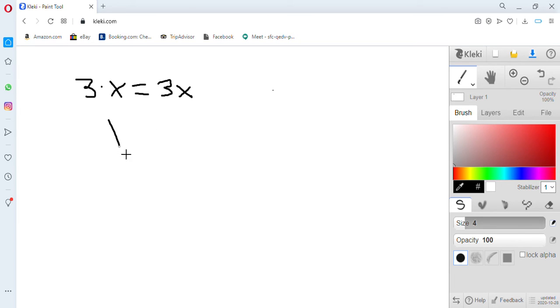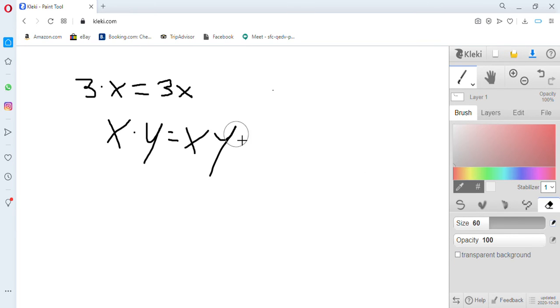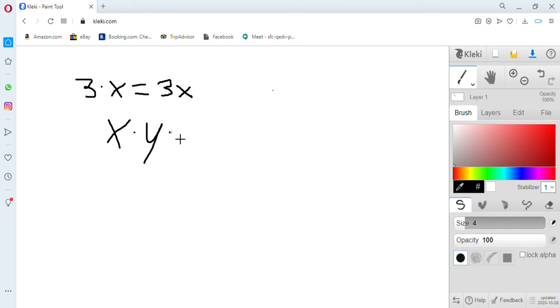Like x times y will equal xy. I'm going to erase that, make it more neat. I erased too much. But this is the answer for x times y, but we're focusing on this answer.